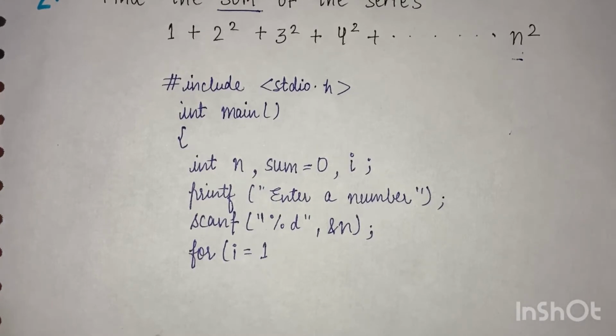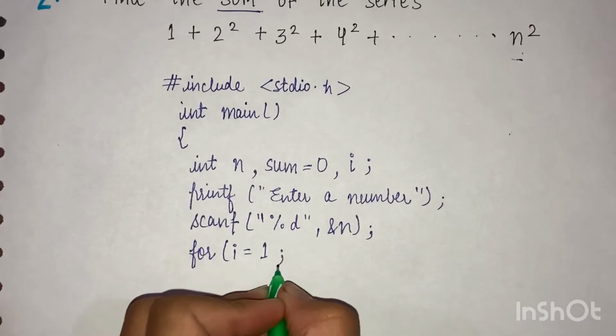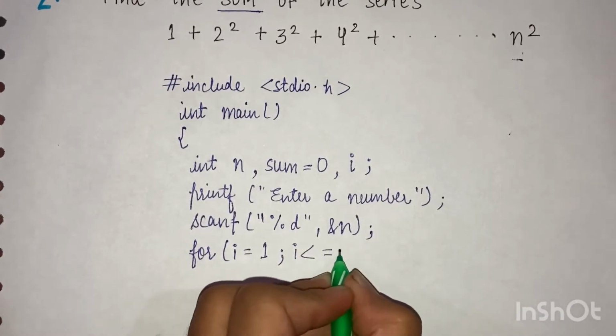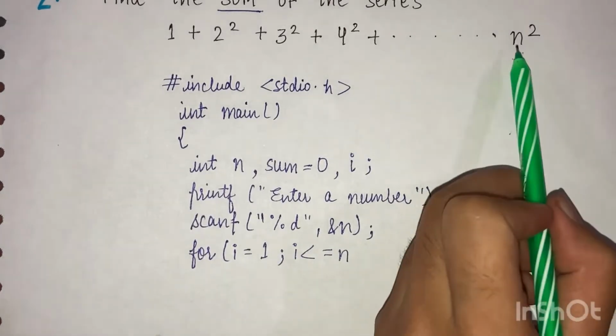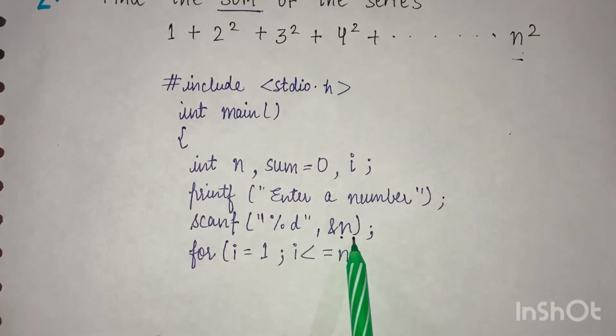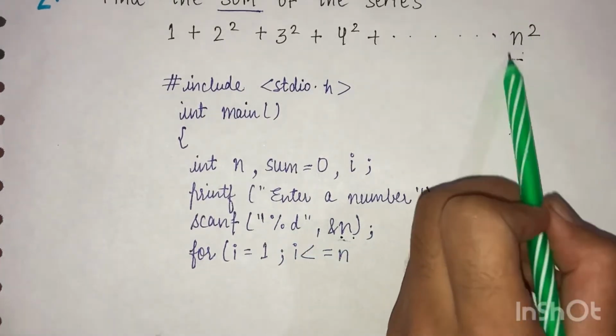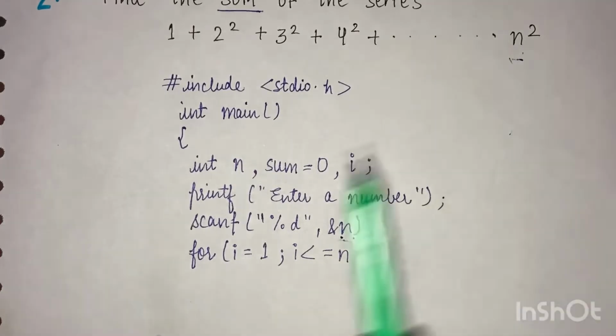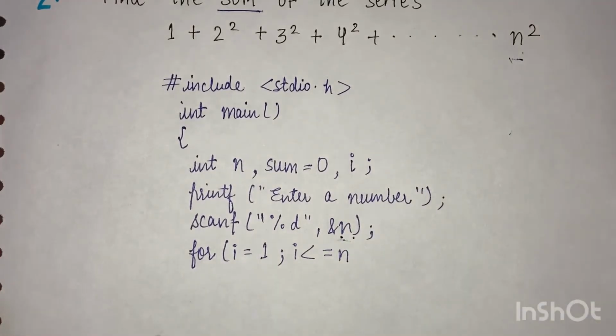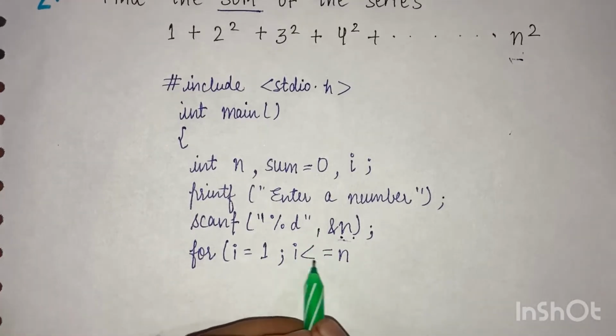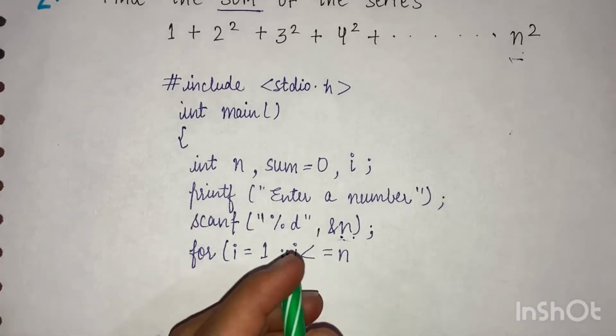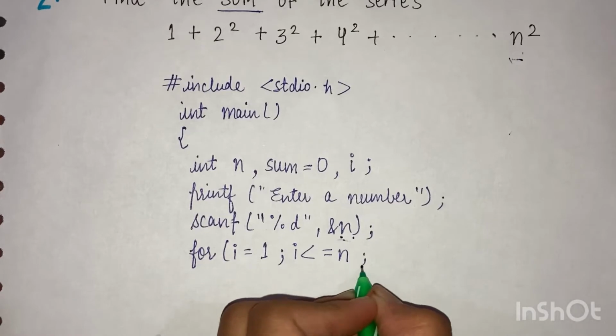So i is equal to 1, then the condition is i less than equal to n, right? Because we will use the variable n that the user will enter. We have to use that n also, so we will implement the loop till n. That's why I've used less than equal to n. Equal to n is mandatory.